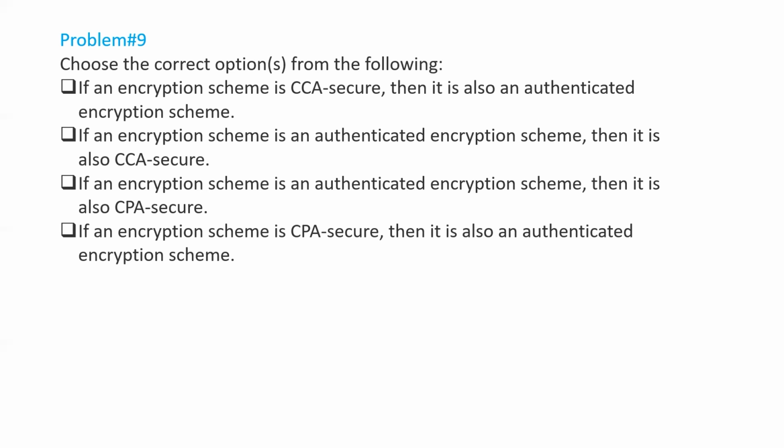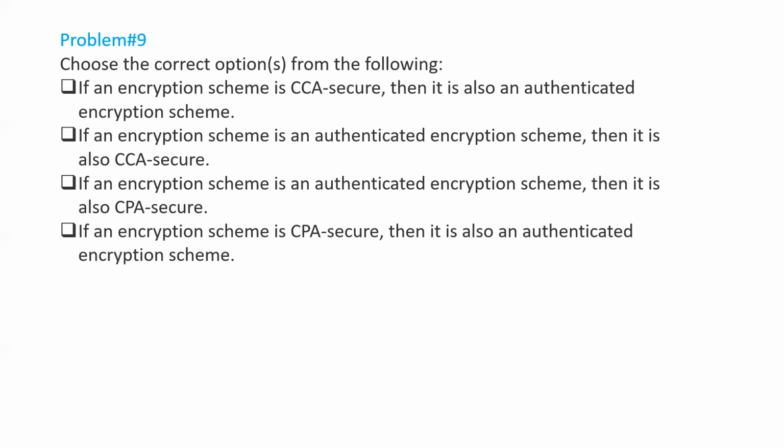So given an encryption scheme, in order to ensure that it is an authenticated encryption scheme, you need to satisfy two properties. One is CCA security, another is ciphertext integrity. CCA security ensures confidentiality and ciphertext integrity ensures both integrity and authenticity.